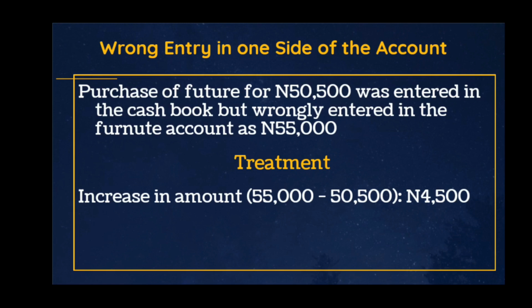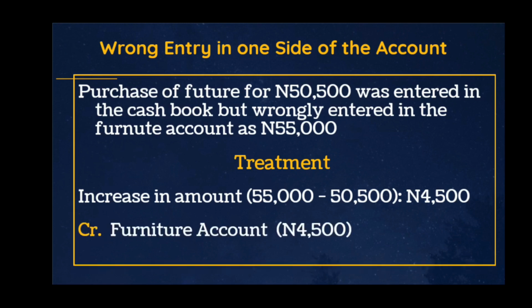Furniture is an asset, and all assets are debit transactions. So for the furniture account that is overstated, we are going to remove 4,500 from it. For us to remove it, that means we are going to credit the furniture account. That is, furniture account 4,500 naira, while the corresponding debit entry will go to the suspense account.